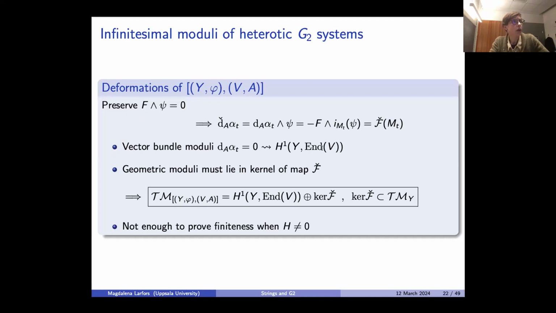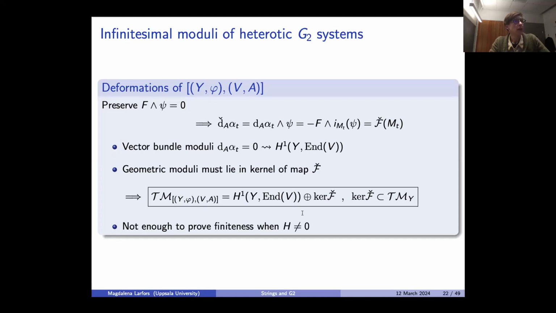Okay, so we go on and look at the bundle, and we find that we have two types of deformations. We have the vector bundle moduli. They are included without any modification. But what we see is that because of this constraint, the geometric deformations that survive as moduli must lie in the kernel of this map here, for this condition to be preserved.